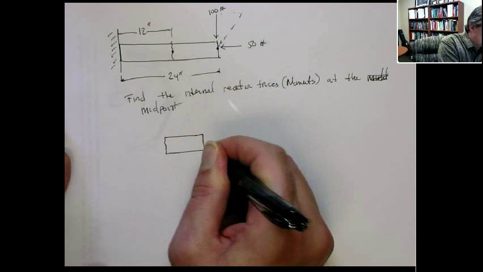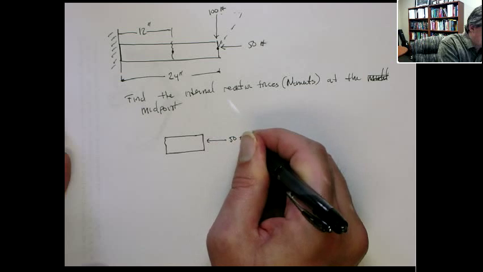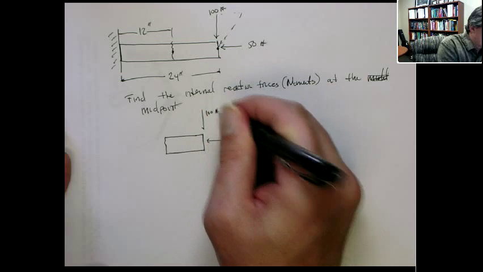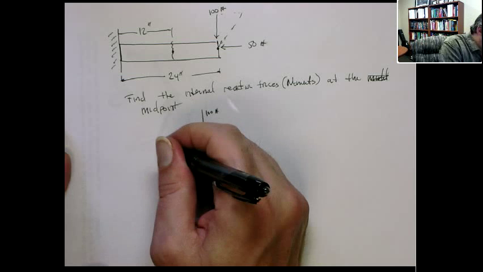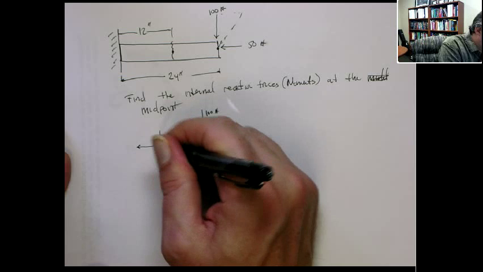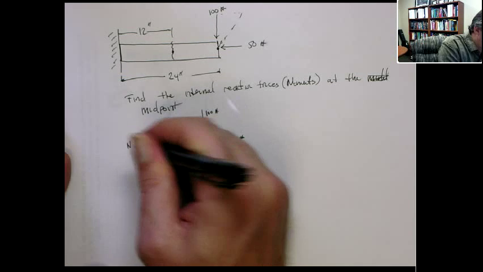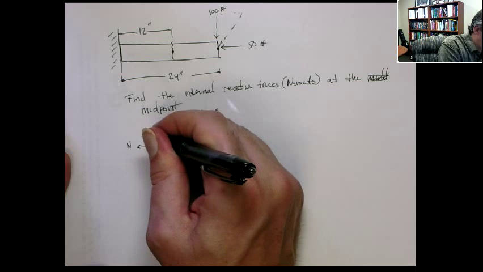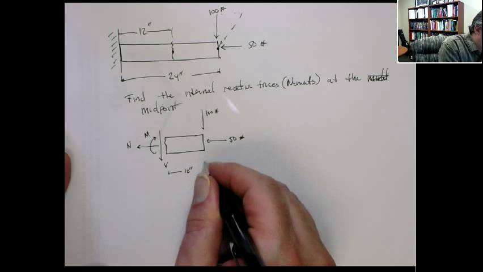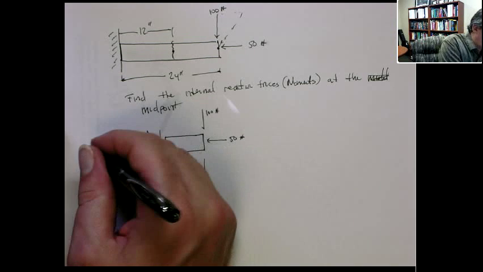Here's the one on the right-hand side. Here's the 50 pounds in, 100 pounds down, and then here are the reaction forces: normal, shear, and moment. This distance here is 12 inches. That's one free body diagram.